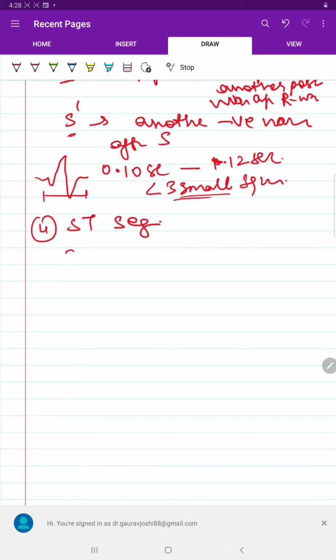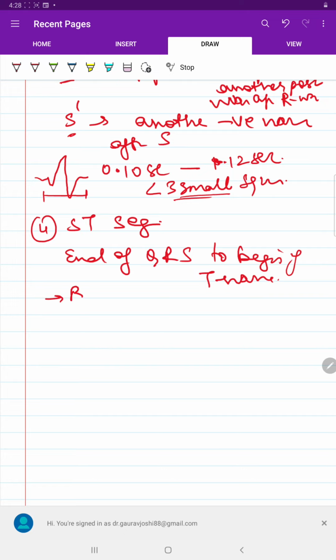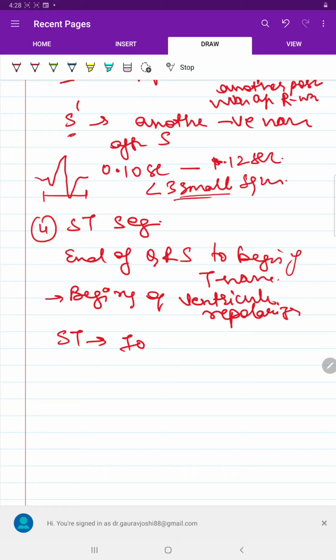Now coming towards the fourth point, the ST segment. What is the ST segment? It's from the end of QRS to the beginning of T wave, and it is also the beginning of ventricular repolarization. Generally the ST segment is isoelectric, meaning a flat line on the ECG paper, neither positive nor negative.